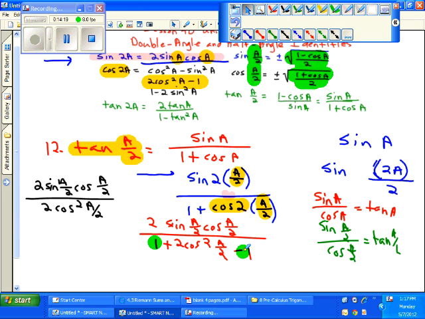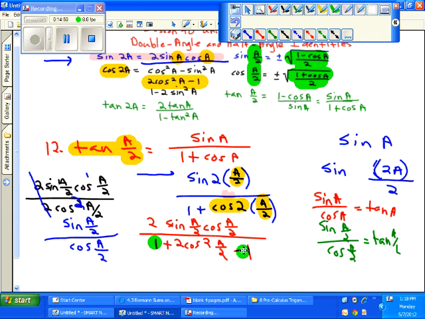Now it's multiplication, division, and we have some cancellation opportunity. The 2 here will cancel the 2. Cosine to the first, cosine to the second. There's one more cosine on bottom than top, so it leaves us with 1 cosine on bottom. So we end up with cosine of that angle a over 2 on bottom, and we have sine of that angle a over 2 on top.